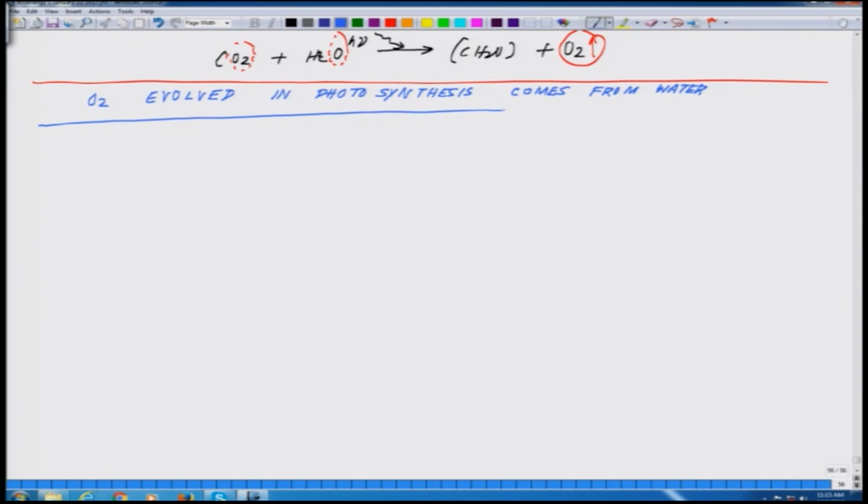In front of you I am putting two reactions now. CO2, carbon dioxide, plus 2H2O, water, in the presence of light, making CH2O plus oxygen plus water.